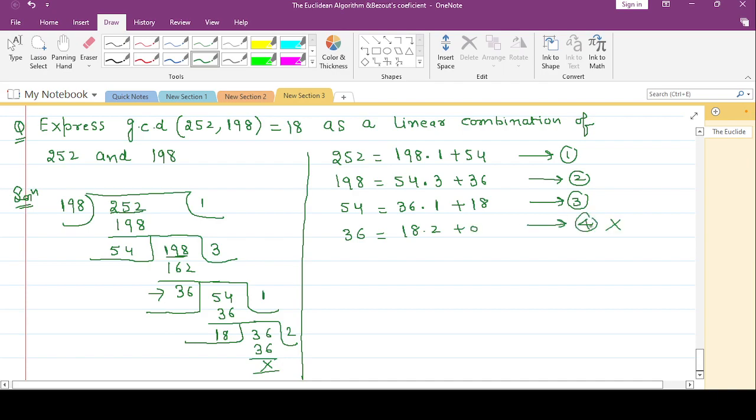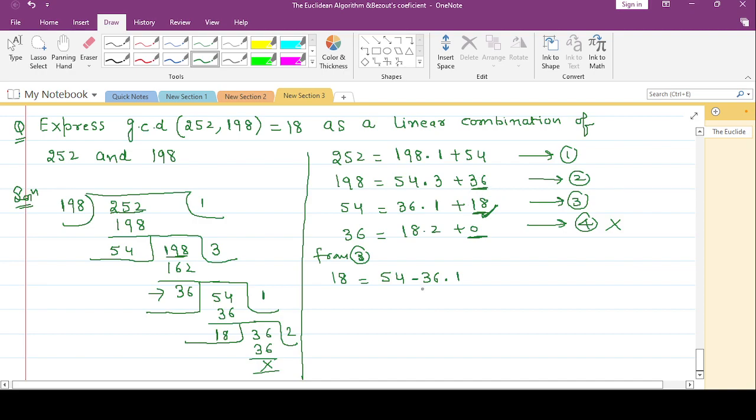You were told in the previous question also that you leave the equation where you get the remainder 0 and start from the previous equation. Here 18 is the GCD, so from 3 we can write 18 as 54 minus 36 into 1. Now check what the previous remainder is. Previous remainder is 36.